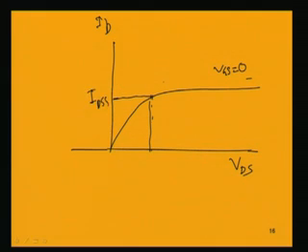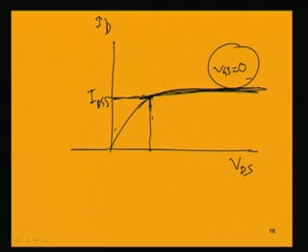This current IDSS has the maximum value for VGS equal to 0, and as in a MOSFET device, for this JFET device the IDSS will be specified.